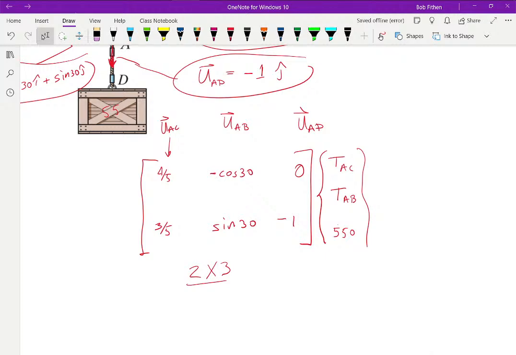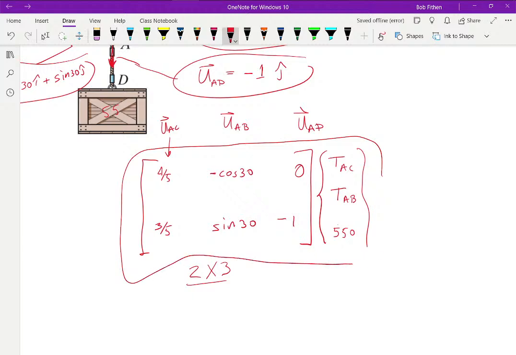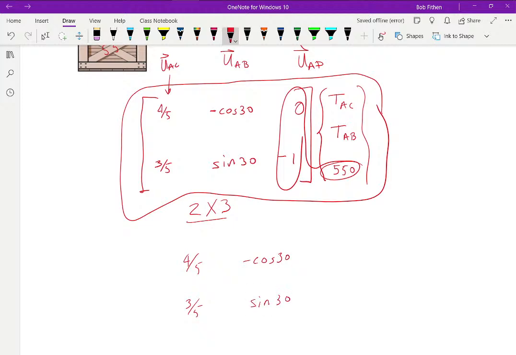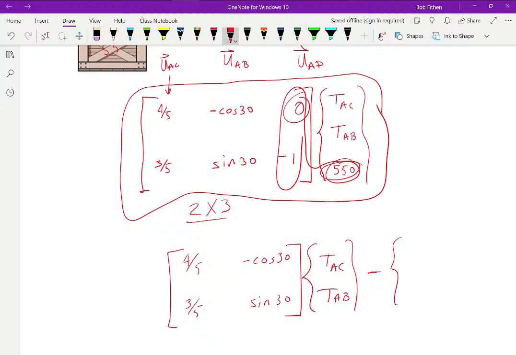Now, what I can do, since this is a matrix which could now be broken apart with this one times these, that's what I'm going to do. Let's say 4/5, 3/5, minus cosine 30, sine of 30, and I'm just going to write TAC and TAB, but this time, okay, so I'm taking 550 times 0, 0.